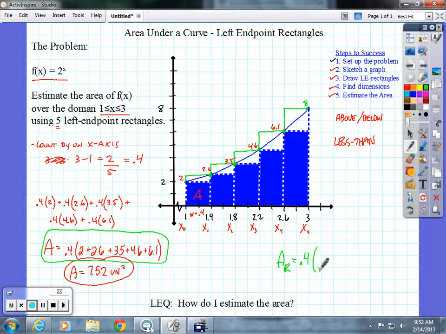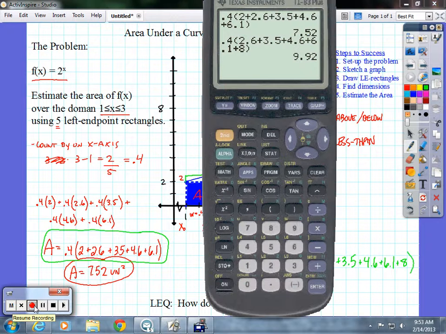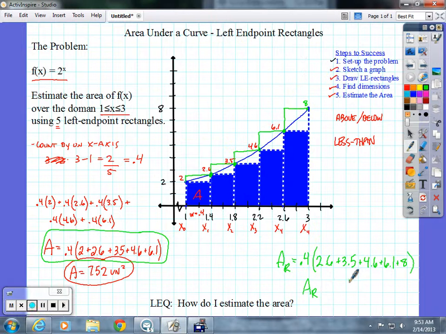And instead of using 2 here, because there's no rectangle here, the first rectangle is up here at 2.6. So I add all the same numbers together. And this time I would actually include the 8 because there is a rectangle at 8 now. And I would calculate that area for the right rectangles. And that area there is 9.92 units squared.